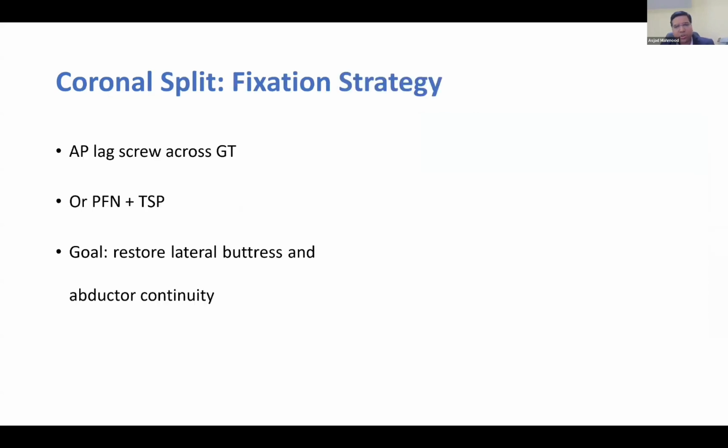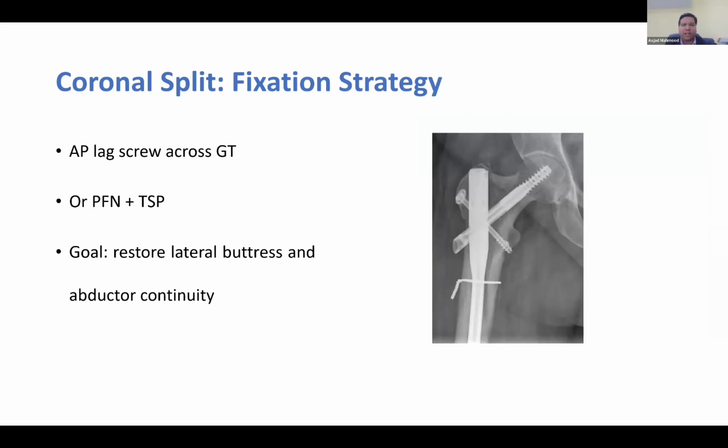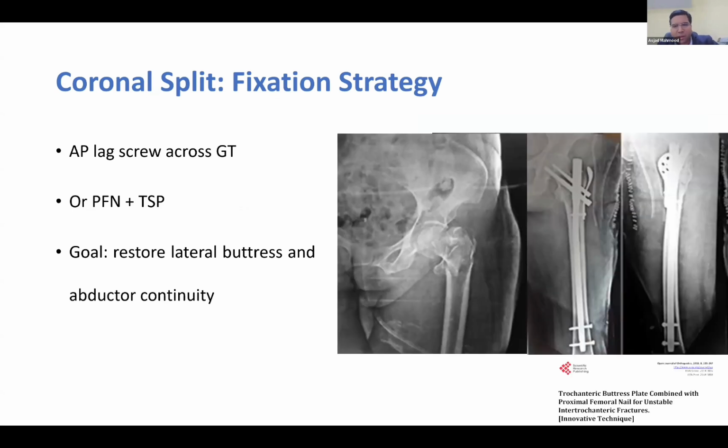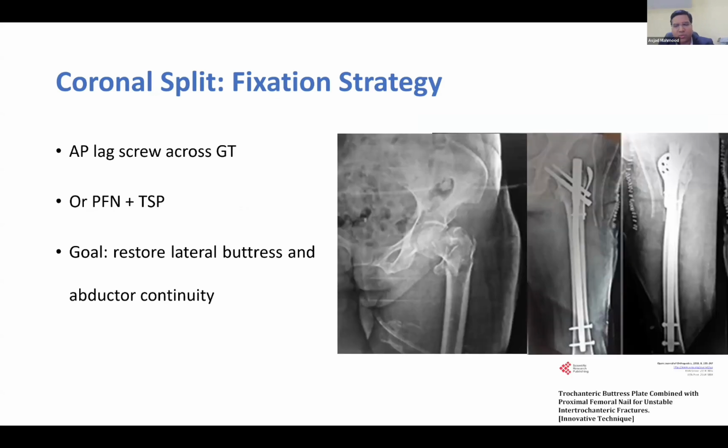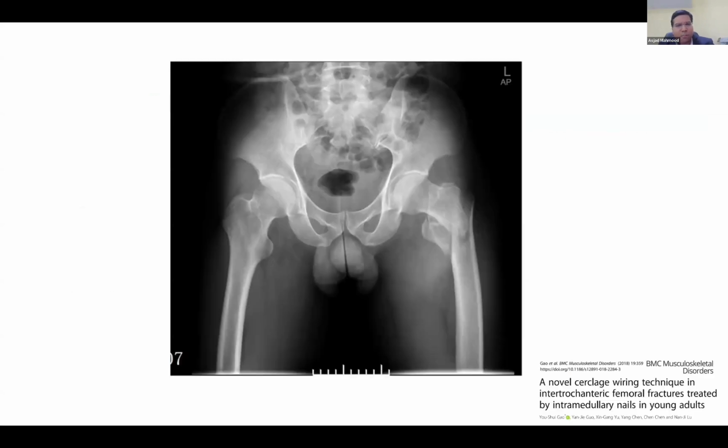With AP lag screws or PFN with the trochanteric stabilization plate, we should restore the lateral buttress and abductor continuity. These are some examples of using AP screws in cases of coronal split GT fractures. These are examples of using the trochanteric stabilization plate along with the PFN.